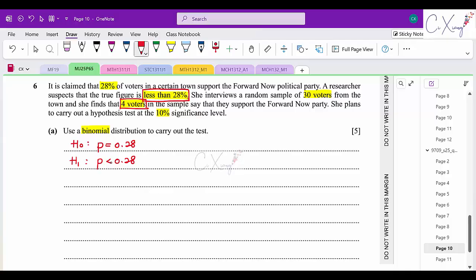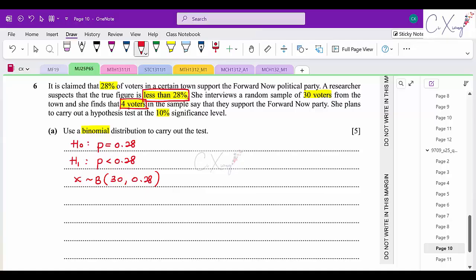Then after that, how are we going to carry out the test? We have to use the p-value for a binomial distribution. So let's write out the distribution first. We are having X is binomial distributed, with 30 voters and a support rate of 0.28. Then to calculate the p-value, I need the observed value.